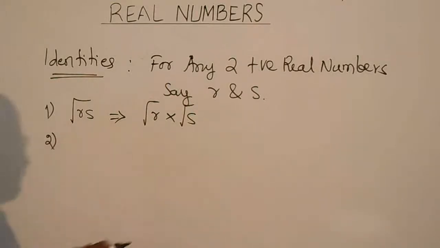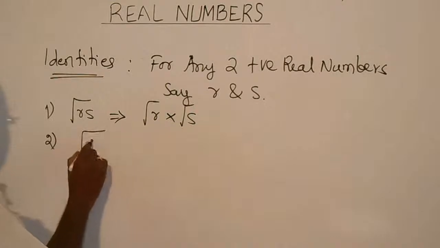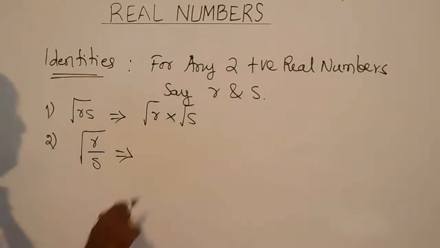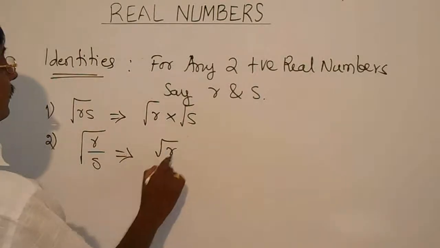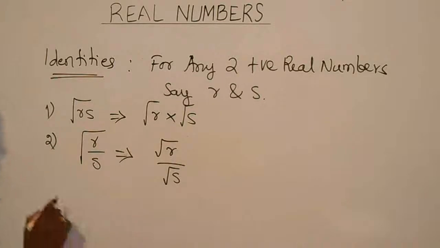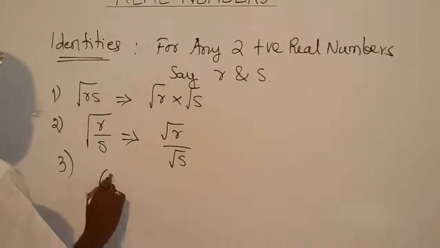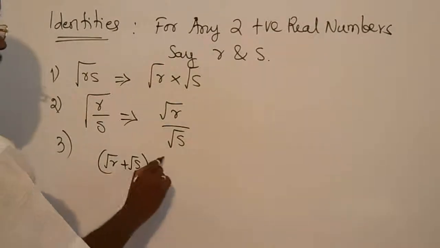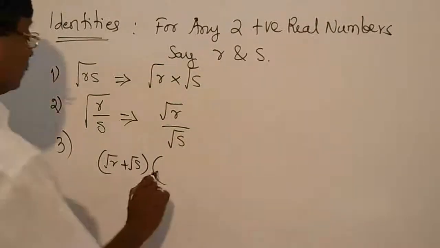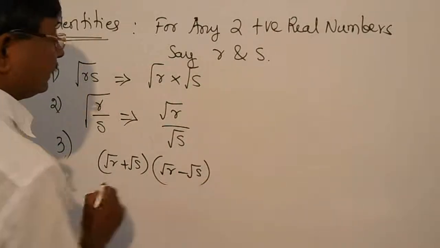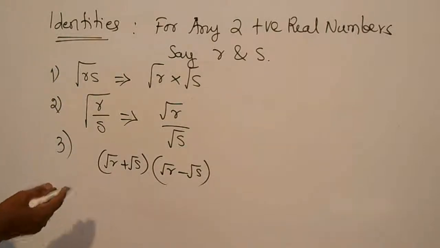Second identity: square root of R divided by S can be expressed as square root of R divided by square root of S. Okay. Then the third identity here is the bracket of square root of R plus square root of S into the bracket of square root of R minus square root of S, which is a conditional identity.